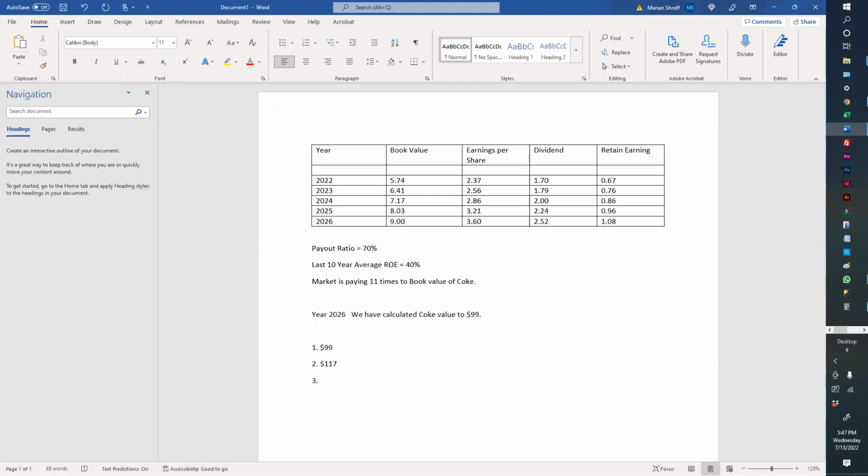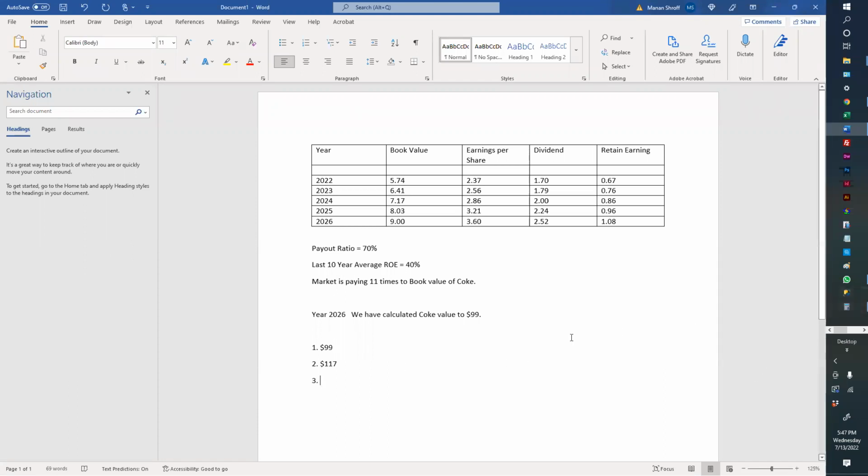Or the market is in bear market territory, and people don't want to pay that much premium. So they used to pay 11 times, but now they want to pay 7 or 8 times because the market is in bad condition. It's in recession mode or anything.